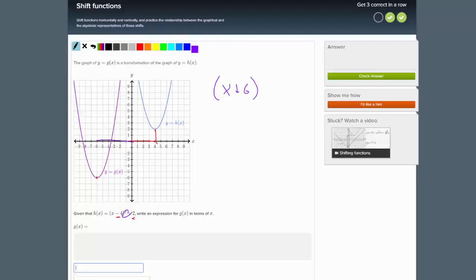This was squared, this is squared. Down 6, when it's outside, it's normal. So there's my graph, x plus 6 squared minus 6.